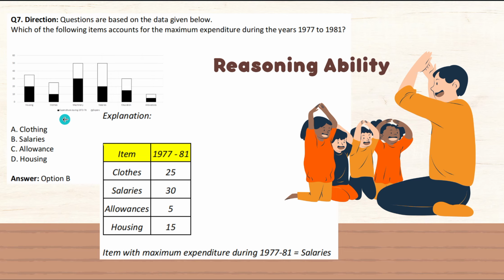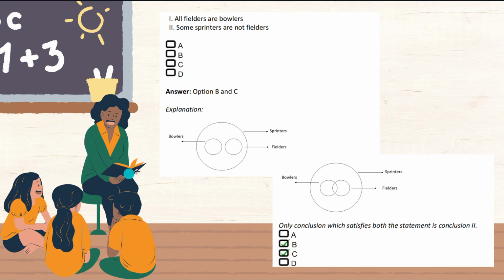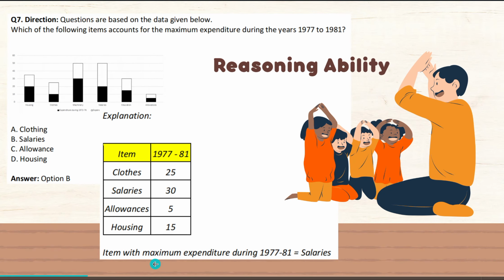Expenditure means the black one. So option B is the correct answer. Here is the explanation: among all these, salaries have more expenditure. That is the thing with this question.